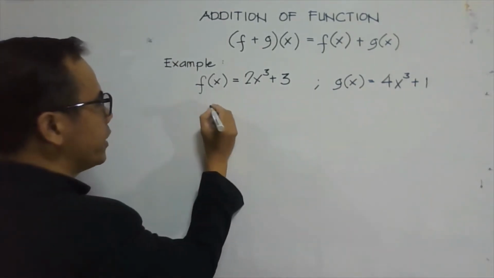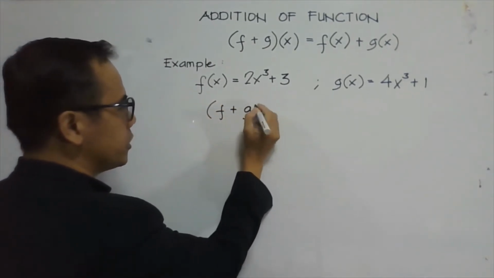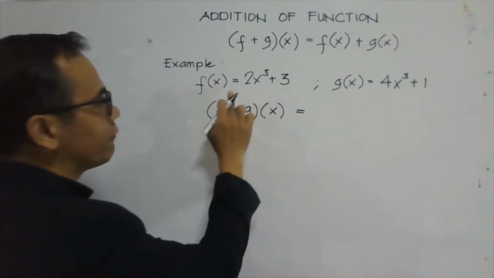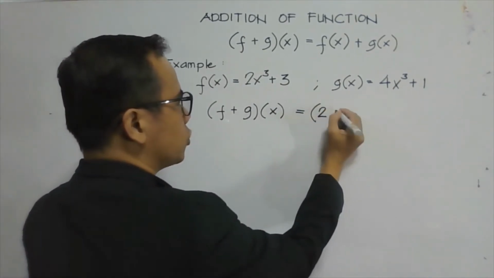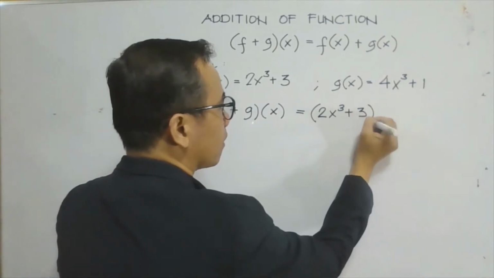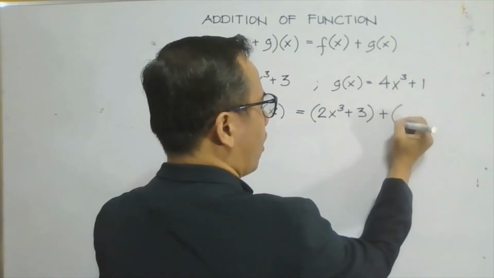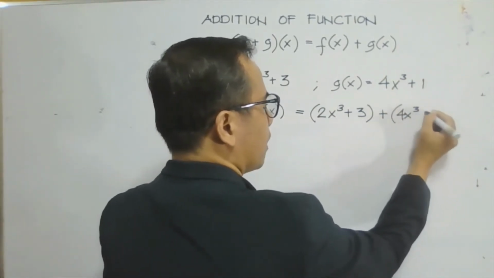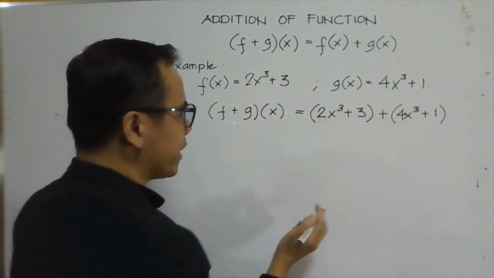So we have f plus g of x is equal to the function of f, which is equal to 2x cubed plus 3, plus the g of x, which is equal to 4x cubed plus 1.